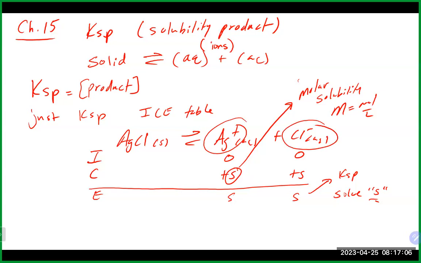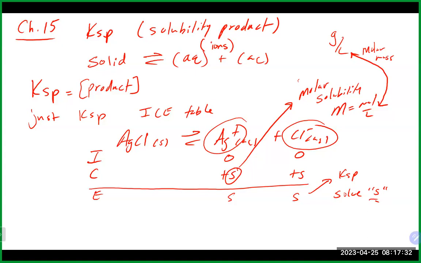The other type of solubility we sometimes look at is solubility in grams per liter. As you go back and forth between those two types of solubility, it is the molar mass from the periodic table that allows you to convert from grams per liter to moles per liter, or vice versa.